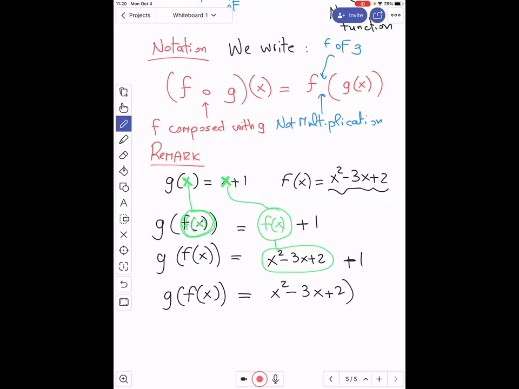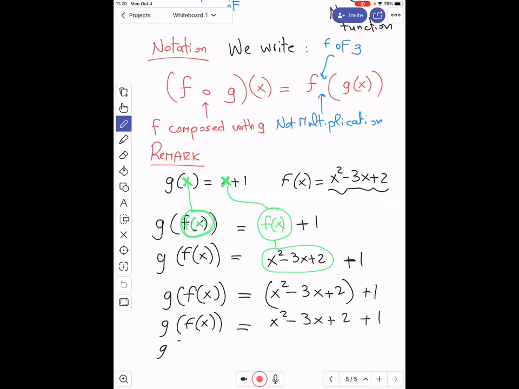So here I'm supposed to have parentheses. Again, you need to think of the circle like a parenthesis. So the whole f between parentheses and then plus 1. Here the parentheses are not really needed because there's no exponent. So it's just x squared minus 3x plus 2, and then there's this plus 1.